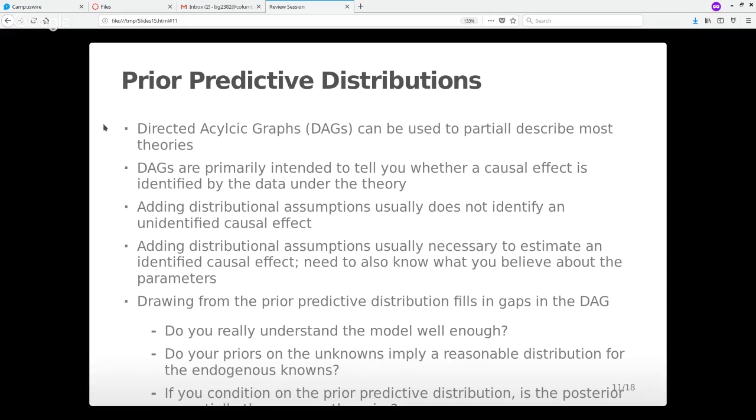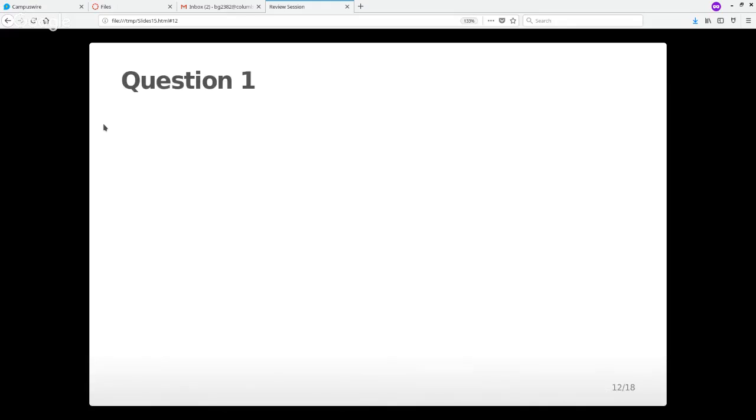These ideas like prior predictive distributions, generative models, the sources of uncertainty, and how the Bayesian approach to inference differs from the frequentist approach or supervised learning.